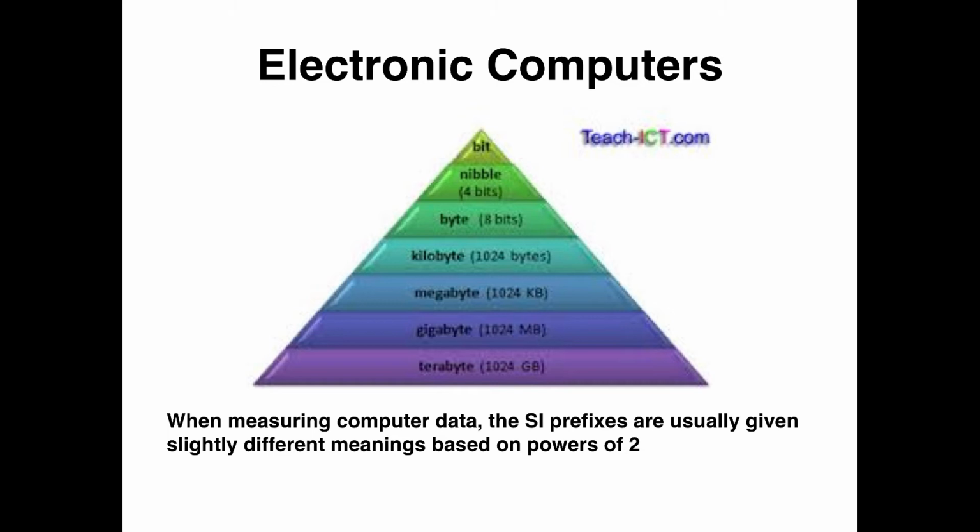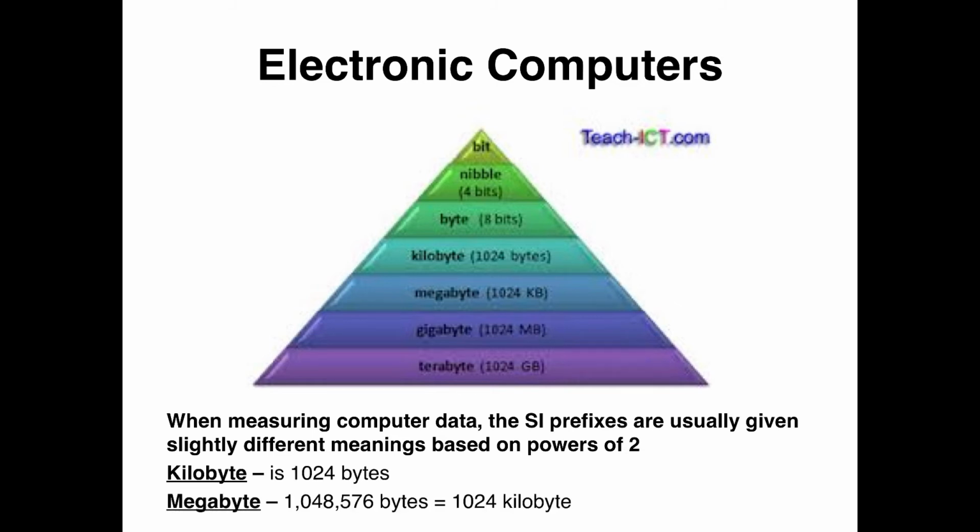That's why a kilobyte is not exactly 1,000, it's 1,024. So a kilobyte is 1,024 bytes based on powers of 2. A megabyte is 1,024 kilobytes, or 1,048,576 bytes.